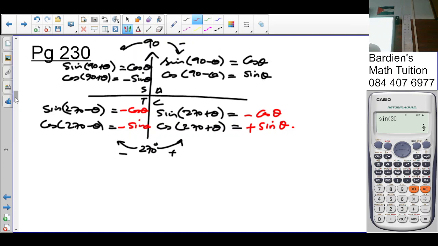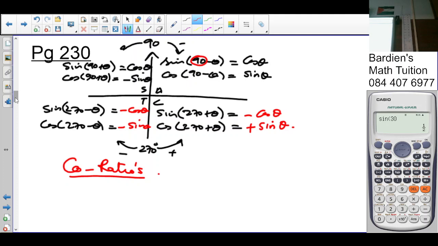People, what do we call 90 degrees? If 180 is supplement, what is 90? Complement. And when we're busy with 90 and 270, we call these co-ratios, complementary ratios.